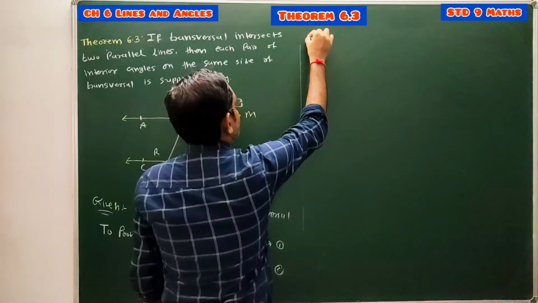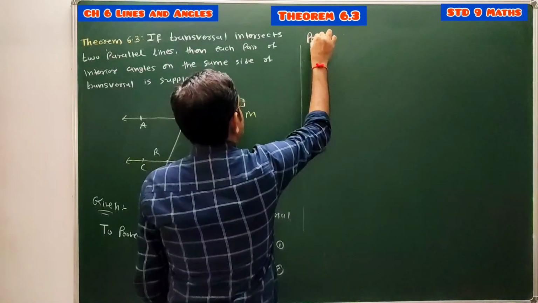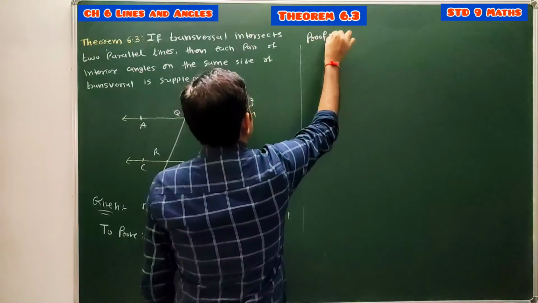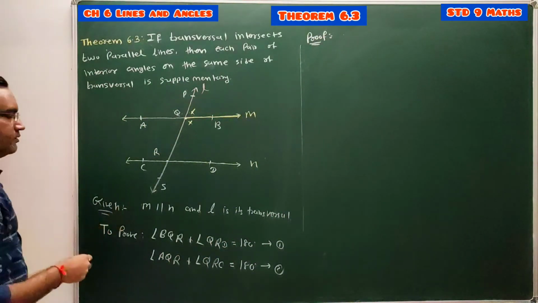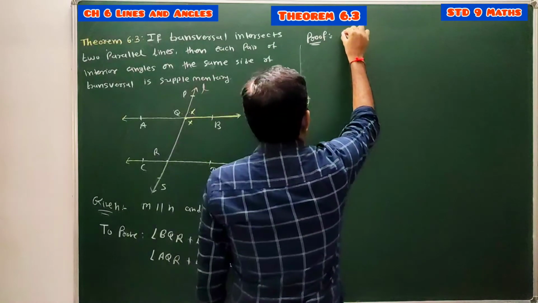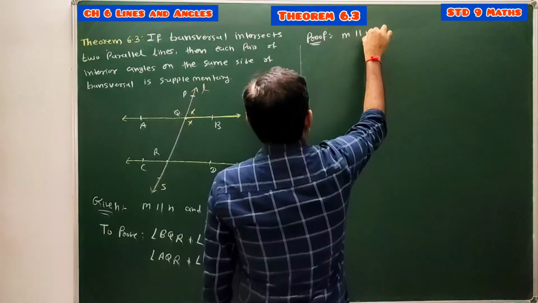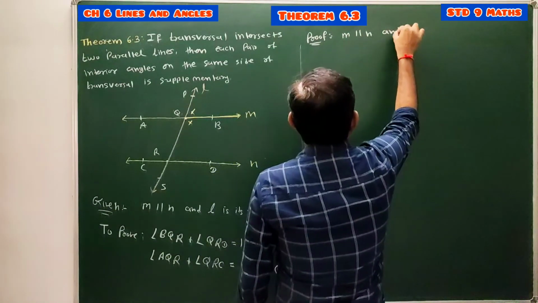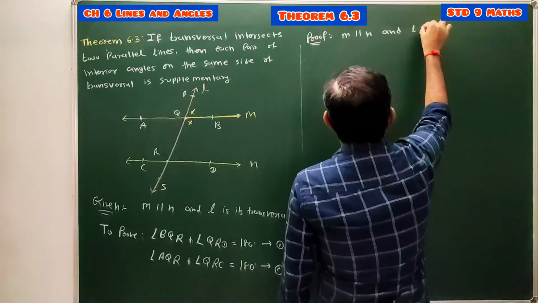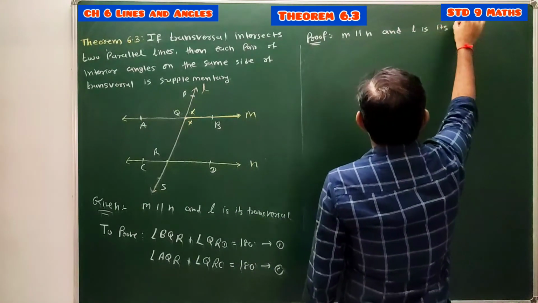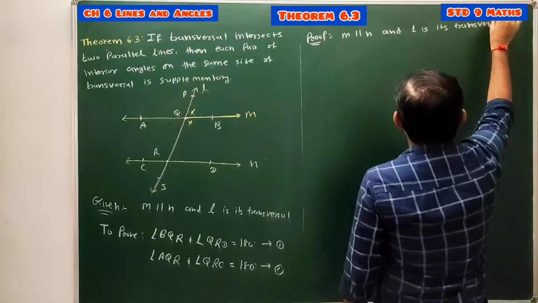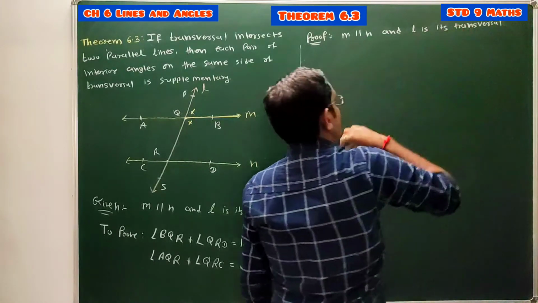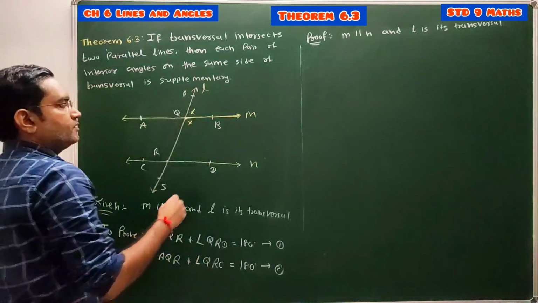Now proof of this theorem. Proof. So proof will start from the given. Here M is parallel to N and L is its transversal. Now first result.